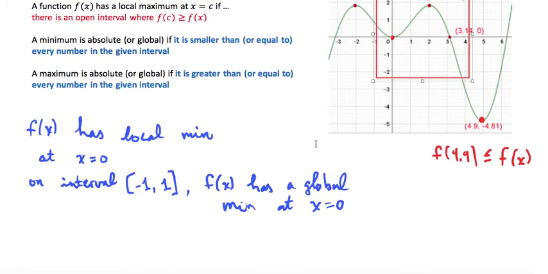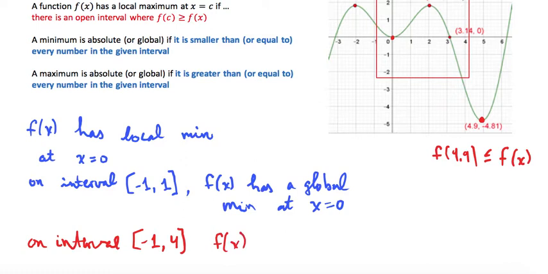So let's talk about that a little bit more. On the interval -1 to 4, f of x has still only a local min at x equals 0.